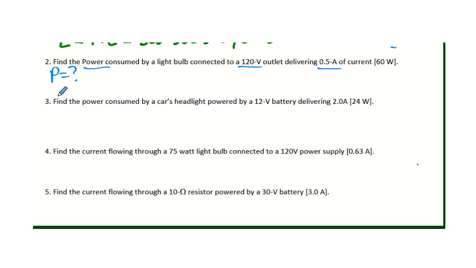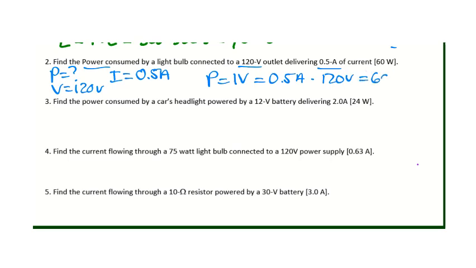Power was question mark, voltage was 120 volts, and I was equal to 0.5 amps of current. So we could plug this into the power equation. P equals IV. 0.5 amps times 120 volts is going to give you 60 watts.